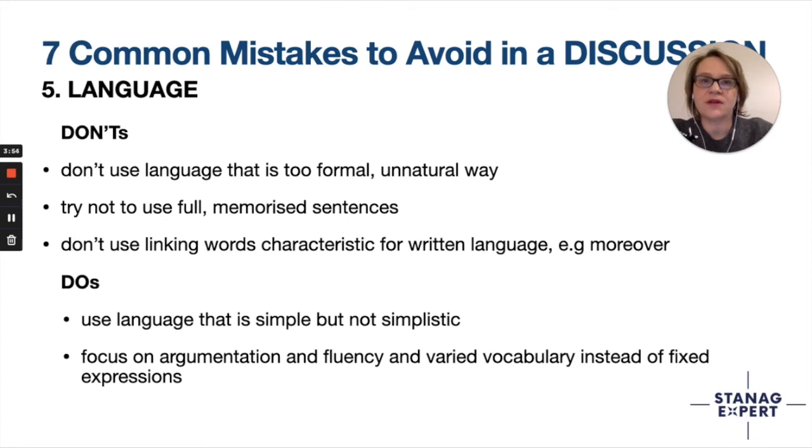Don't try to stage a monologue. Don't use linking words characteristic of written language. Instead, use language that is simple but not simplistic. Focus on argumentation, fluency and varied vocabulary, instead of fixed expressions or learning full sentences by heart.